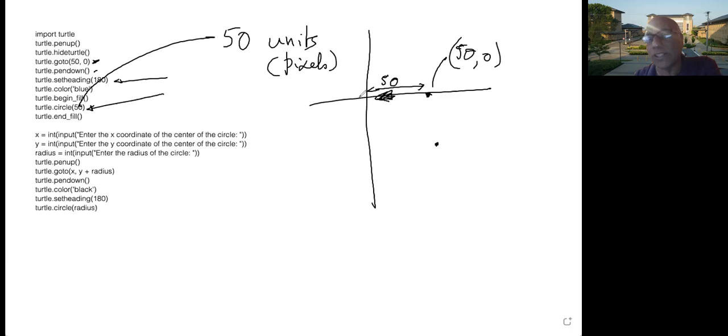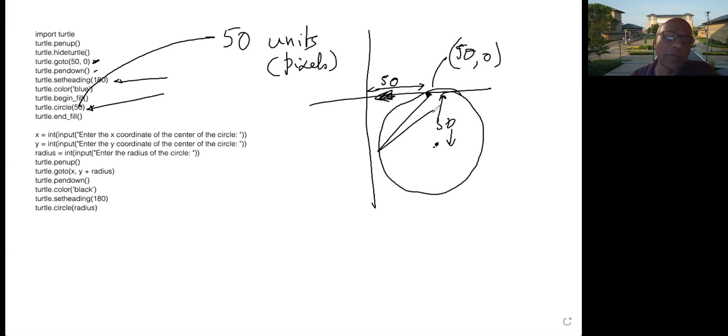I am traveling west. So if I'm going this way, if I look left, it is here, the southern direction. So the center will be 50 units to the left. So it will be at 50, negative 50. And then when I draw a circle, it will go like this, and it will be filled. Actually, it will be right here.